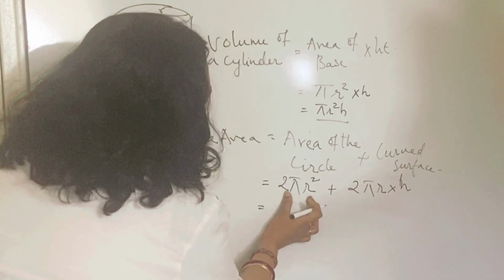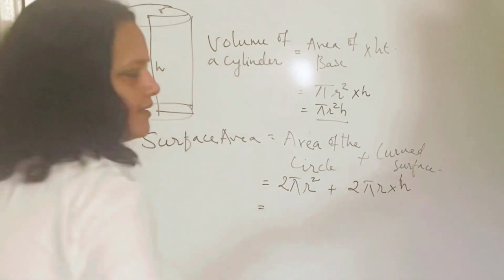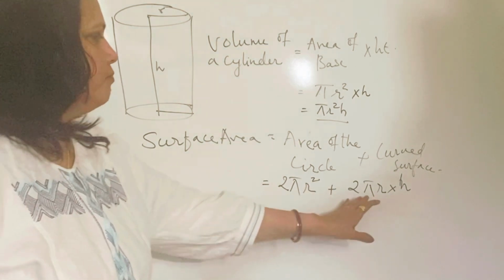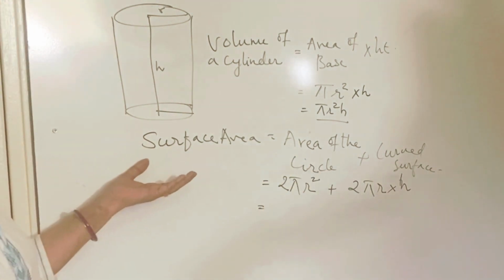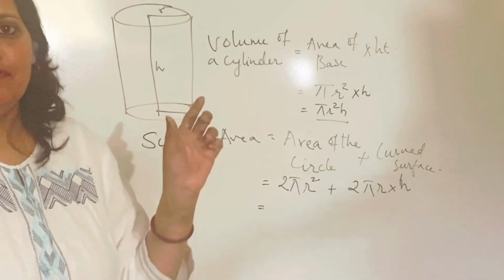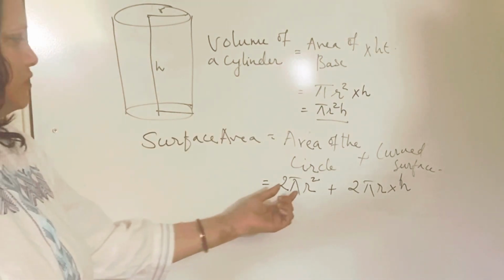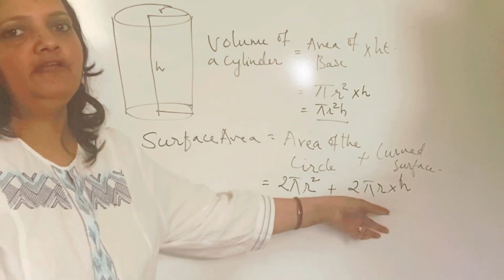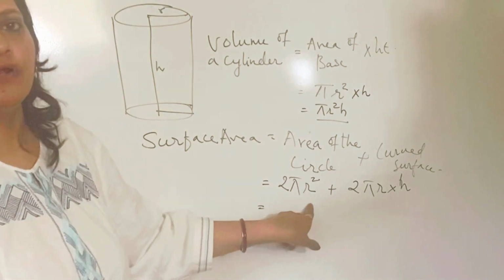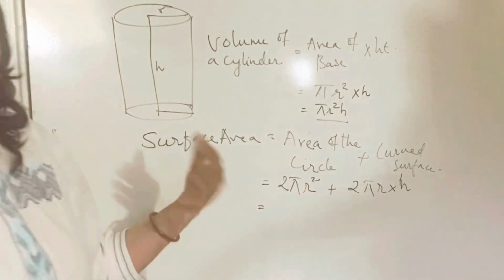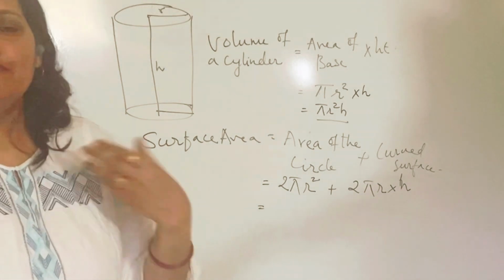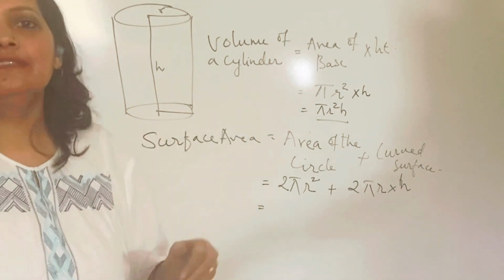Now we can see 2 pi r is common in both. We could keep it as it is: 2 pi r square plus 2 pi r h is the surface area of a cylinder. But while solving problems, we have to substitute the value of pi, r, and h, multiply everything twice, and finish all the questions in limited time.